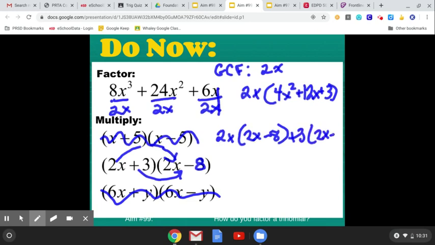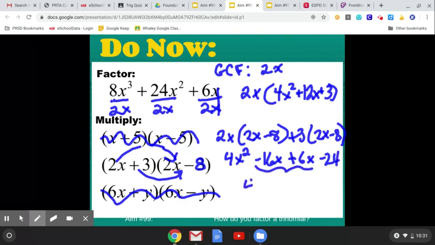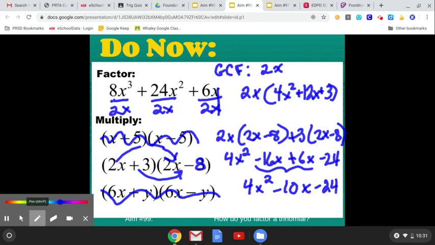And once we distribute both of these things, we'll combine like terms, and that will be our answer. I'm just distributing in my head here. Combine like terms: 4x squared minus 10x minus 24.